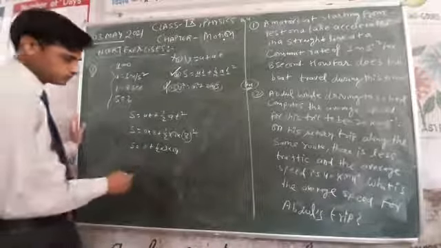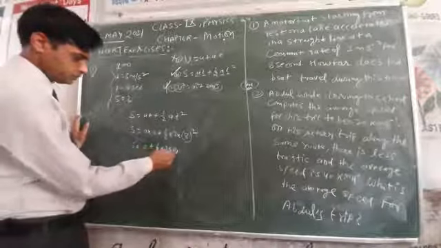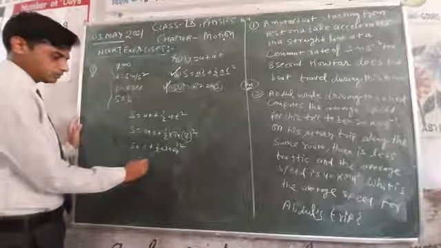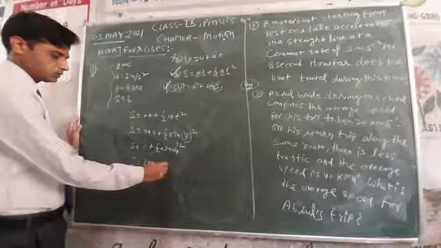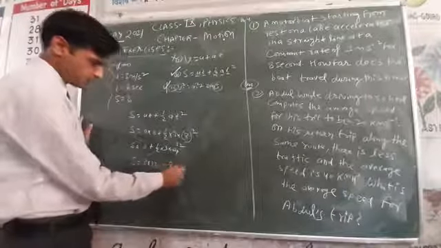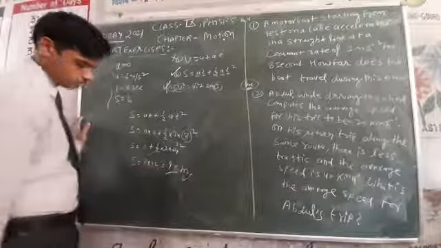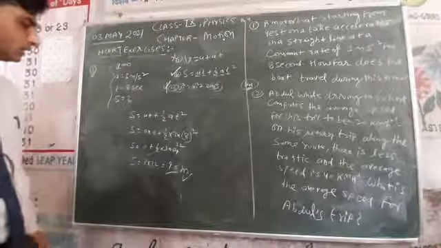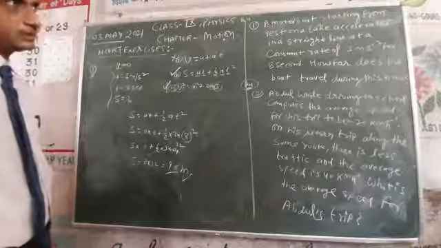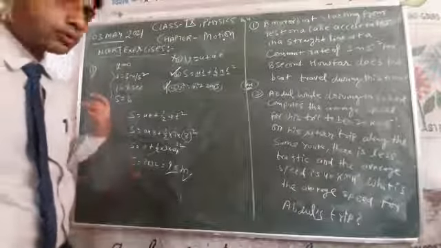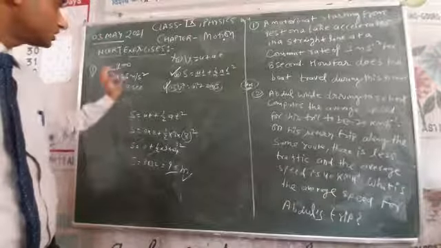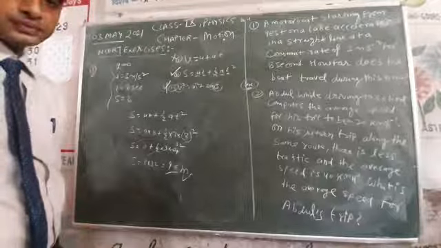When you solve it, 8 square is 64, half of it is 32, and when you multiply 3 into 32, this is equal to 96 meters. So this is the distance travelled by the boat in 8 seconds when the boat starts from rest and the acceleration is 3 meter per second square. So I hope you understand.